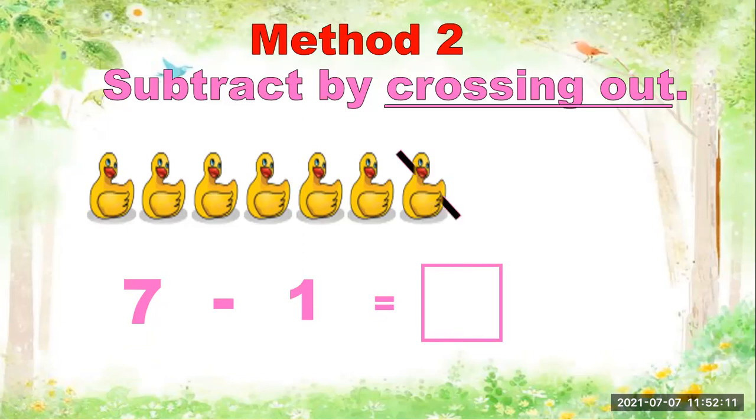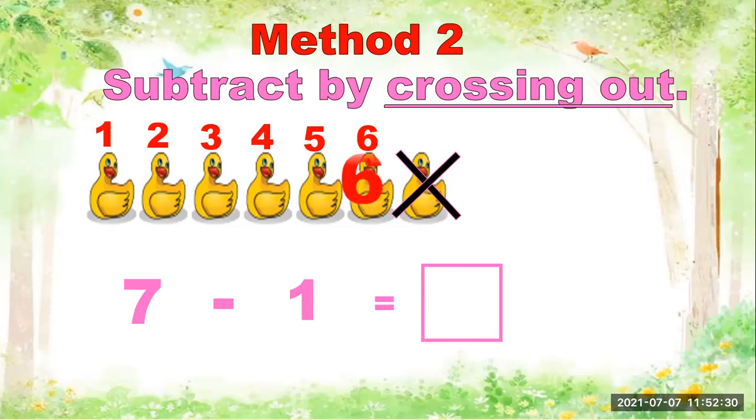Now we will cross out, like a letter X. We will count how many ducks are left: 1, 2, 3, 4, 5, 6. So 7 minus 1 is equal to 6. So the answer here is 6.